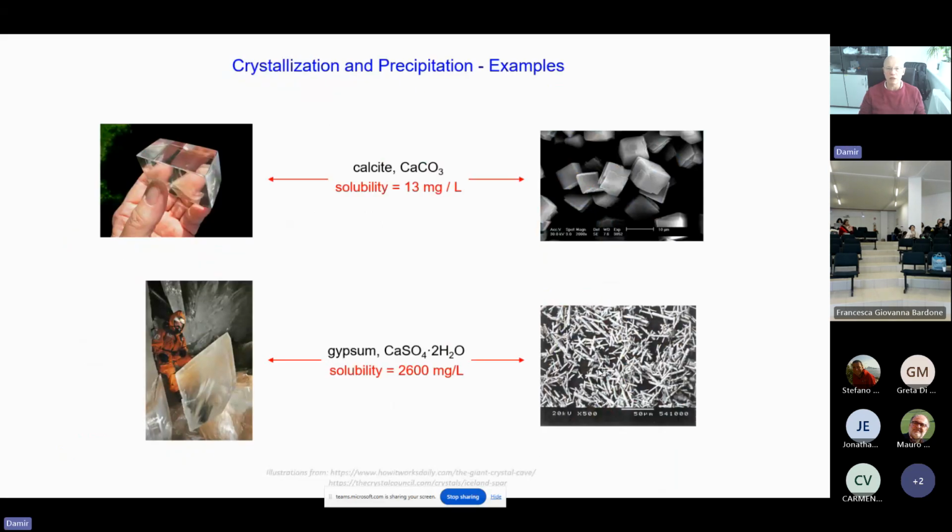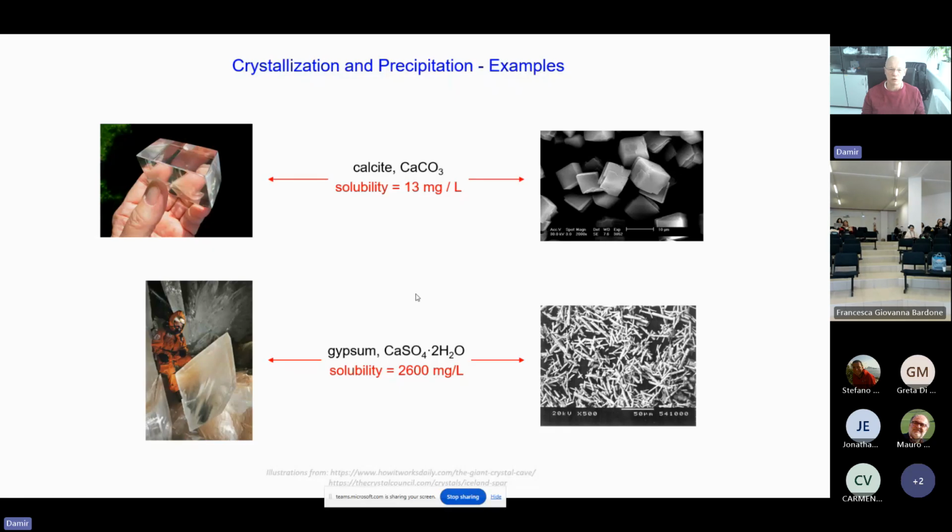And finally, some examples of crystallization and precipitation in the same system. A well-known example is calcite, precipitation of calcite in the form of Iceland spar, but calcite can also, as you will see later on, be precipitated in the form of very small crystals, micron or submicron size. A similar example is gypsum.